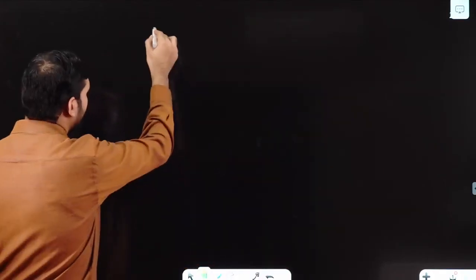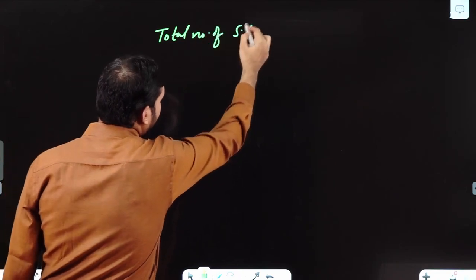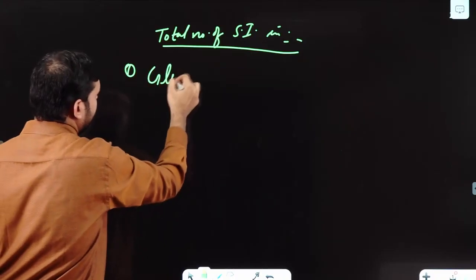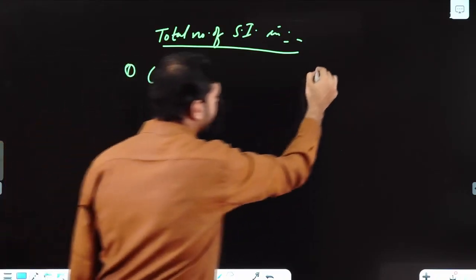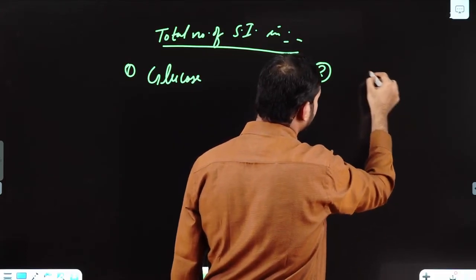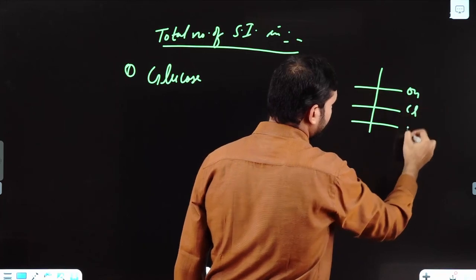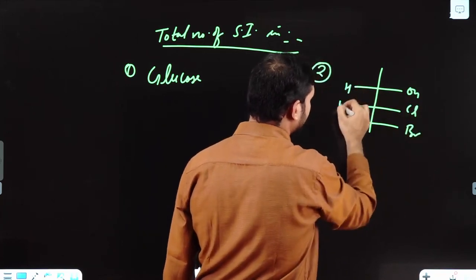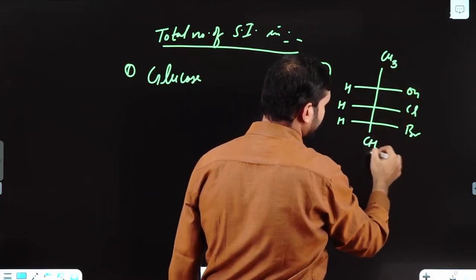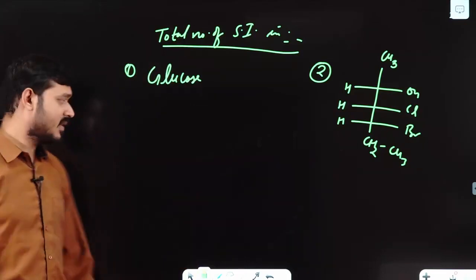If you have to find out the total number of stereoisomers in glucose, second, find out in two cases.